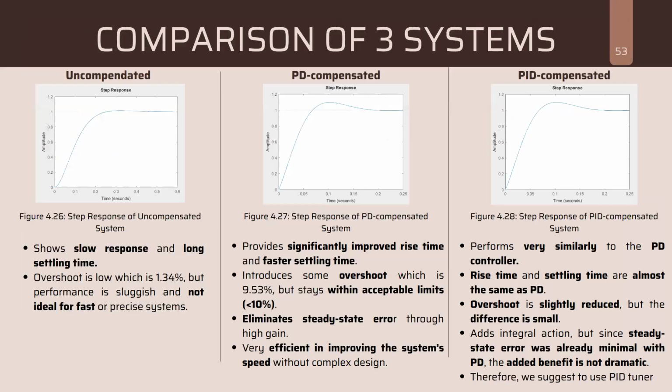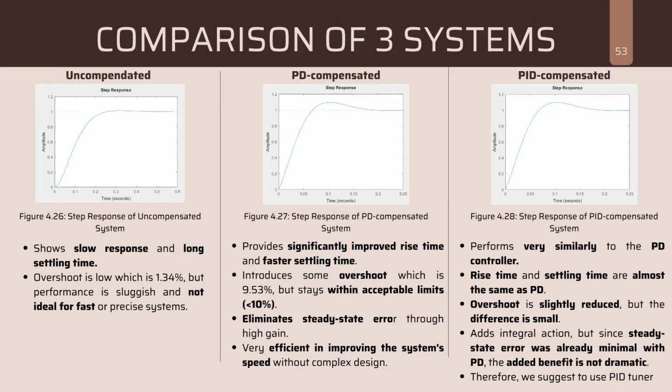So next. This one is the comparison of the three systems. The uncompensated system shows a slow response and long settling time. Although the overshoot is low, which is 1.34, the performance is sluggish and not ideal for a fast system. So we designed a PD and PID. The PD significantly improved the rise time and settling time, but it introduced some overshoot, which is 9.53, though it still stays within the acceptable limit of less than 10%.